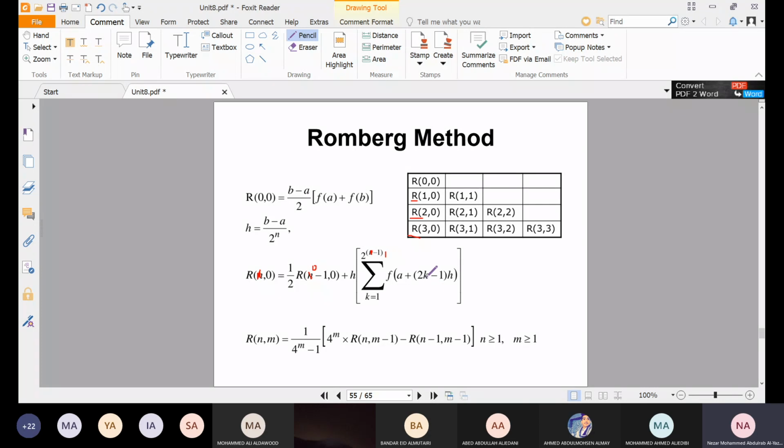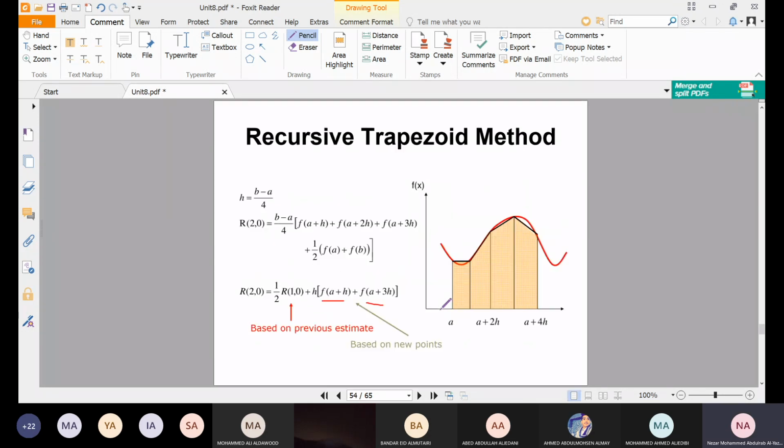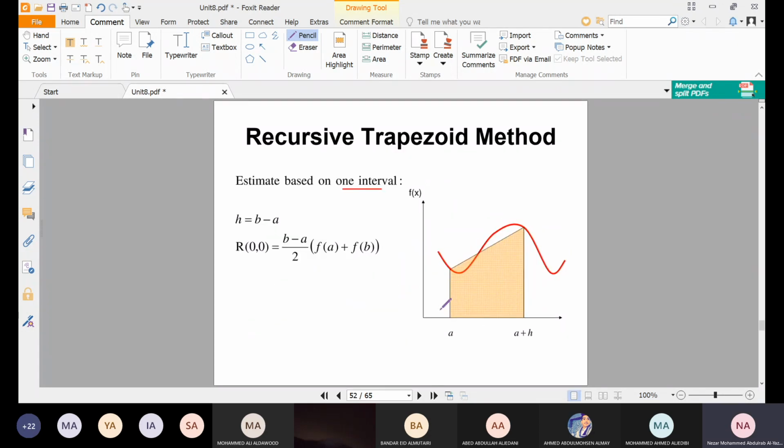We just substitute instead of k by 1. So we have 2 minus 1, this becomes h. So here we have just the summation, half R00, and h multiplied by this term. So that's what we have here in the recursive.